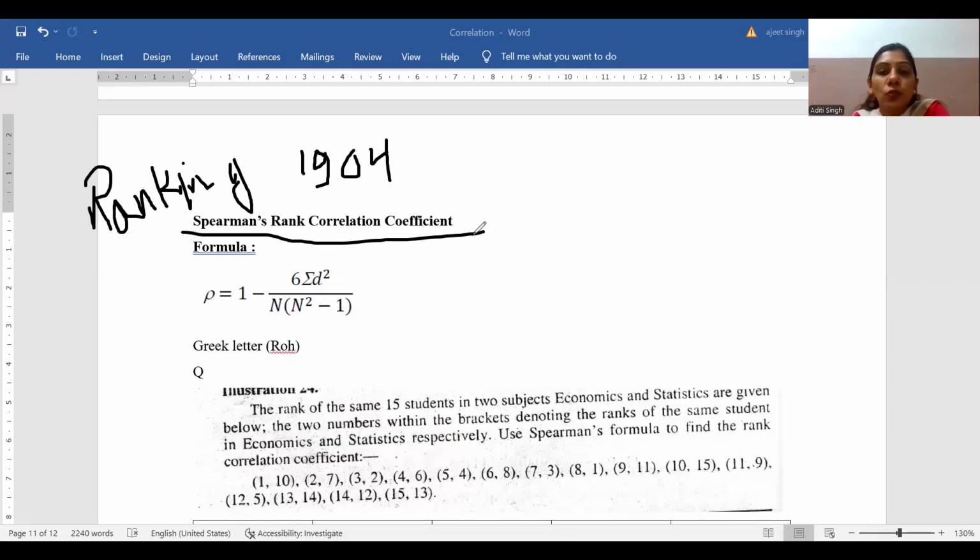So for this we arrange the data in ascending and descending order, and we will find this with the help of the Spearman rank correlation coefficient.